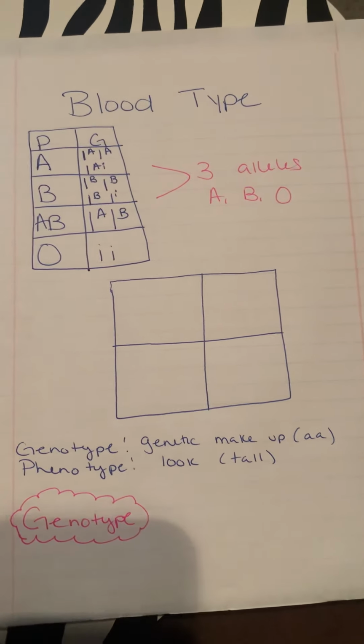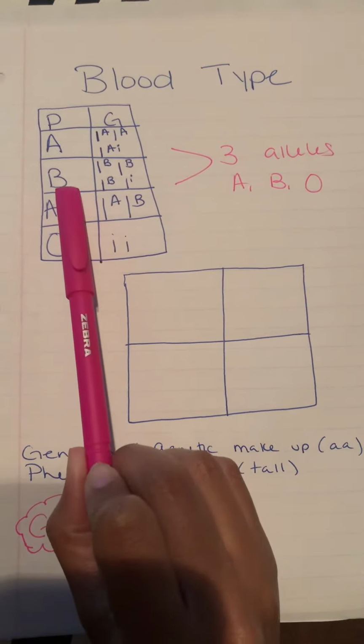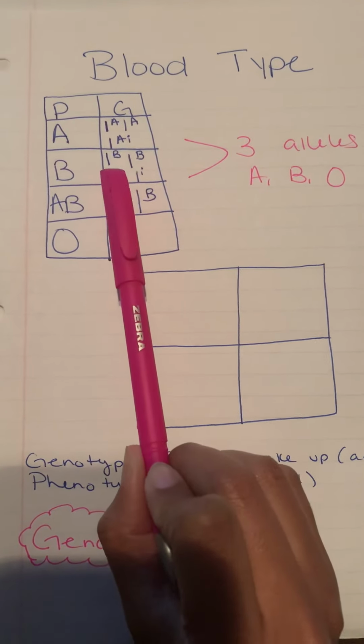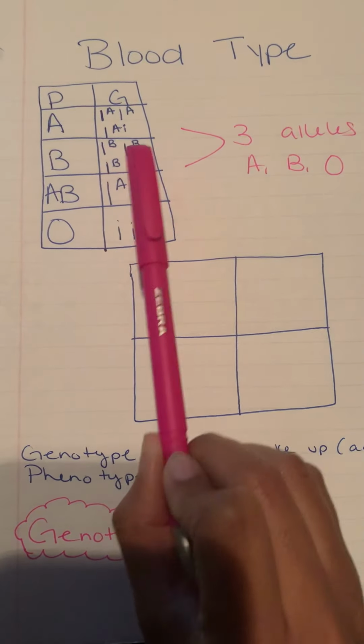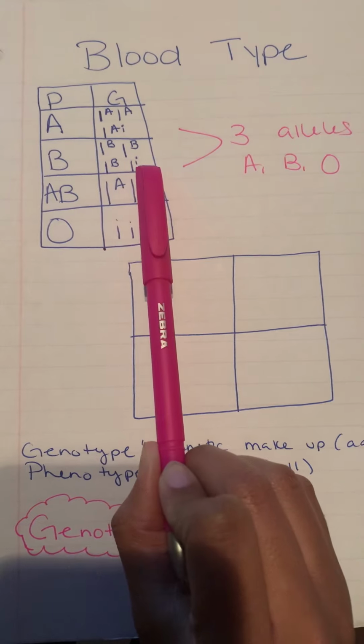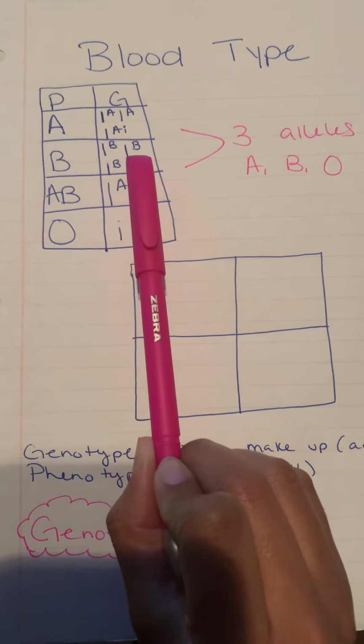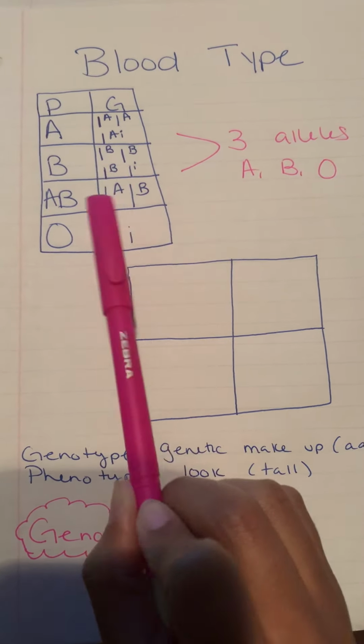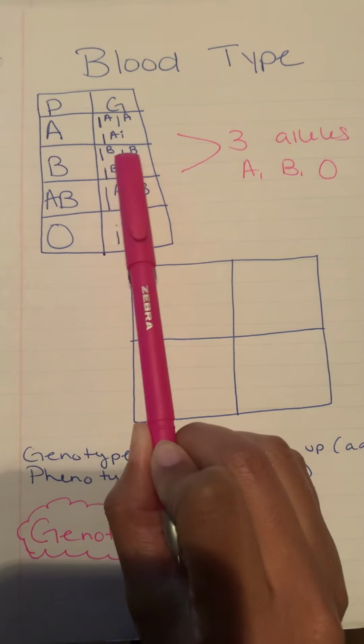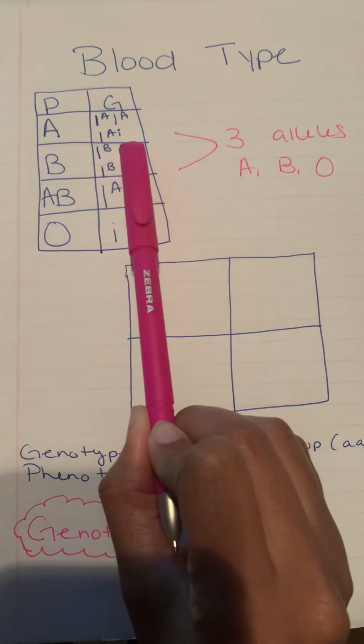So what we're going to do is go to the chart and look at type B, right? We have 2 options here. We have IBIB or IBi. So it said Amani is homozygous. So something you want to keep in mind, homo is the same, so I would choose this option.